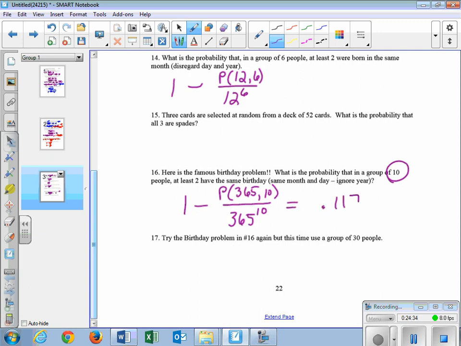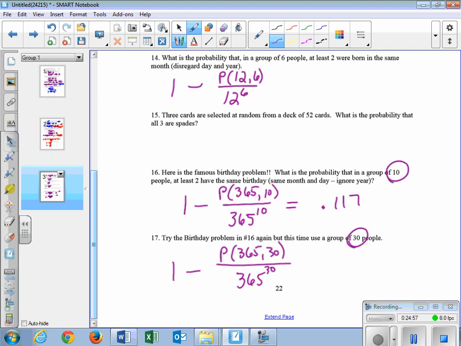It's 0.117. Now, if we increase that to a group of 30, it's the same concept. Permutation of 365 choosing 30 all over 365 to the 30th power. And again, notice it's just assigning 30 different people in the numerator to a different birthday. That's what that numerator means.